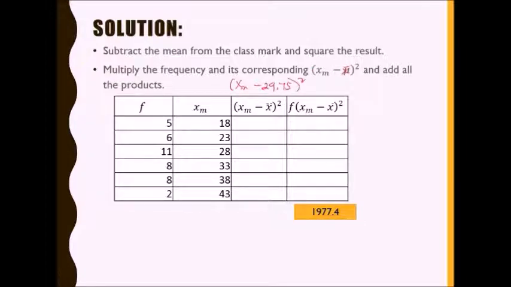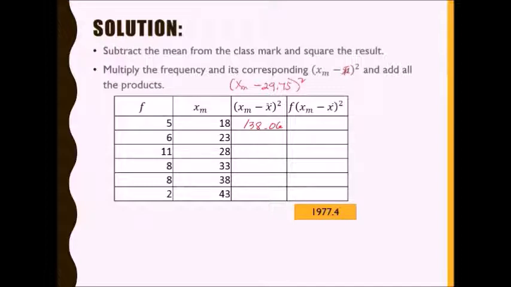If we solve, we have 18 minus 29.75, and the result is negative 11.75. Again, square the number. It's 138.06. So let's put 138.06. Next, I'll complete the table.